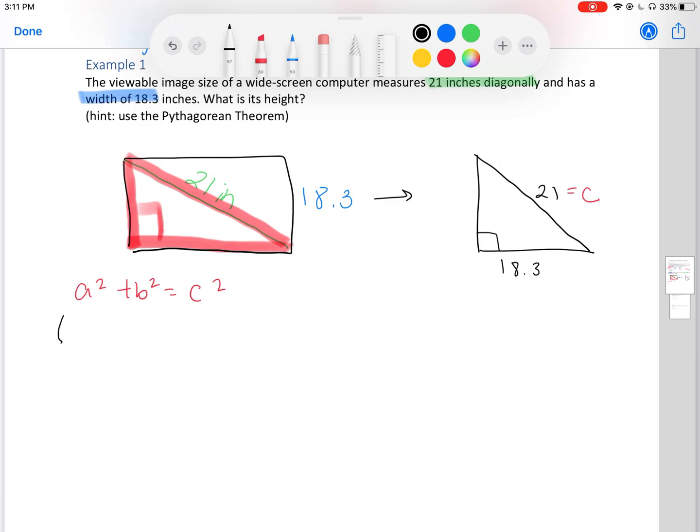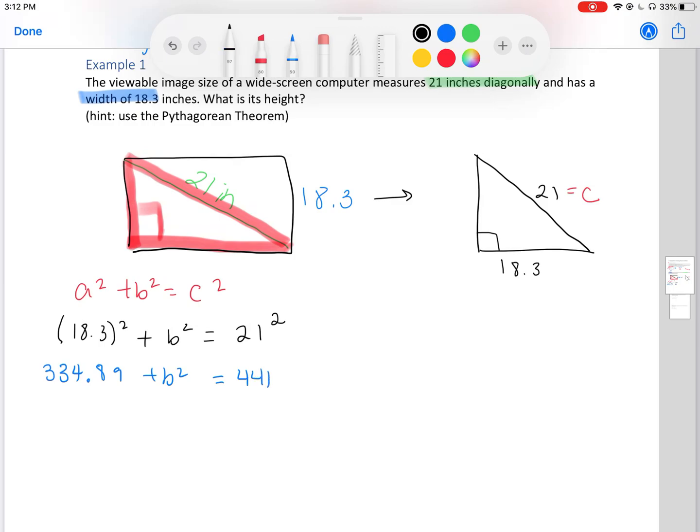So we have 18.3 squared plus b squared is equal to 21 squared. 18.3 squared, we use our calculator and raise it to the second power. We get 334.89, plus b squared, and 21 squared gives us 441.